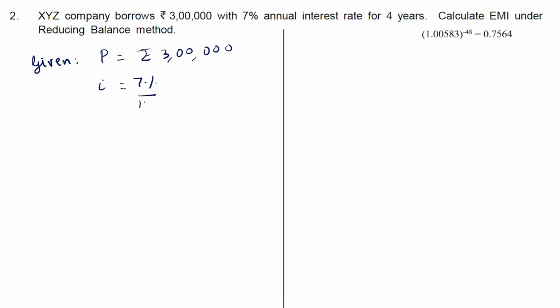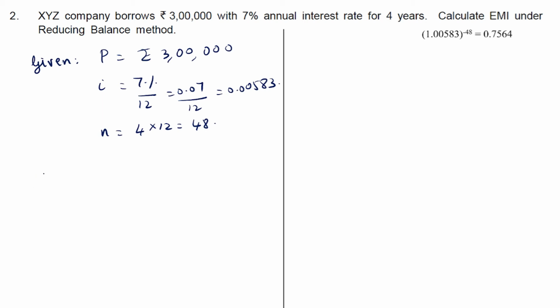So it is 7% by 12, that is 0.07 by 12, which is 0.00583. N is 4 years, so 4 into 12. Since the payments are made every month, it is 48.